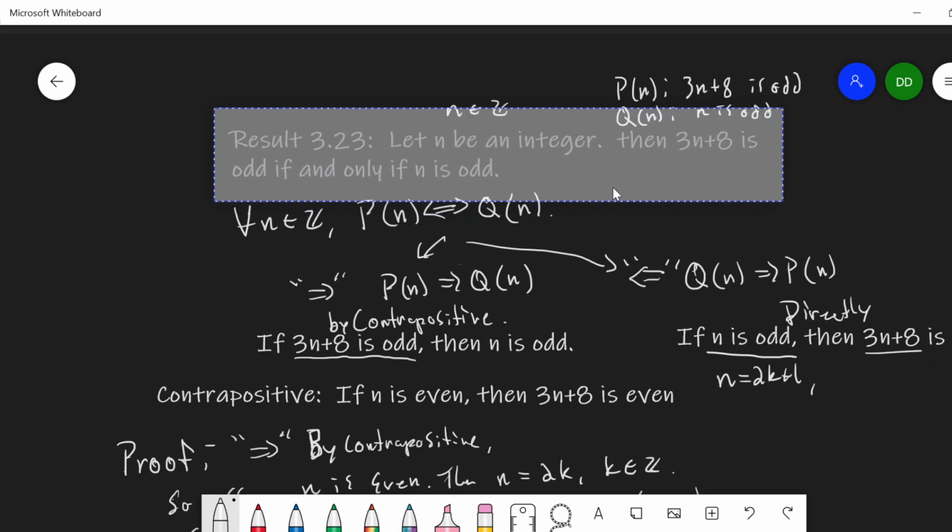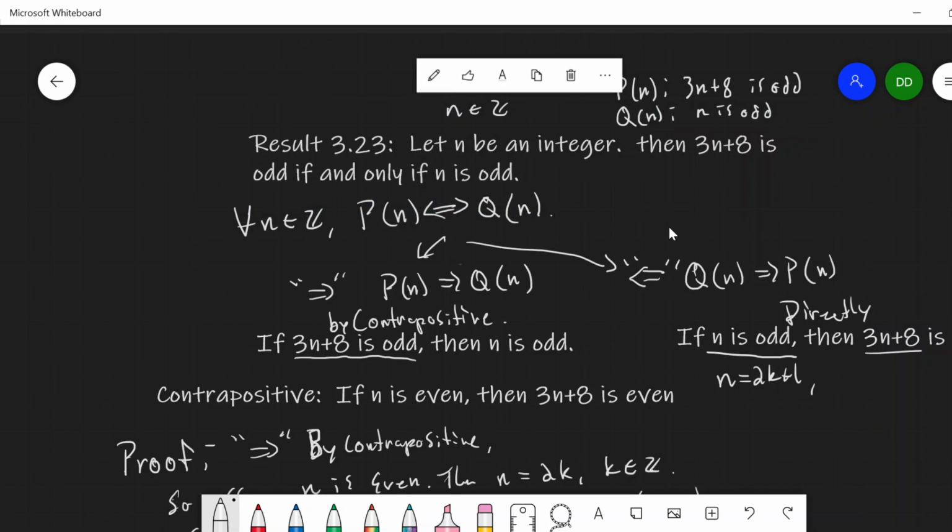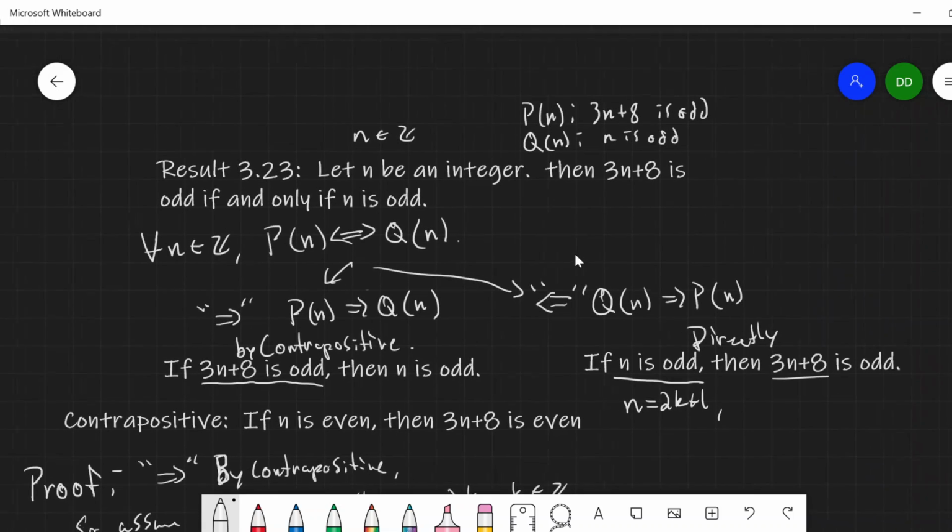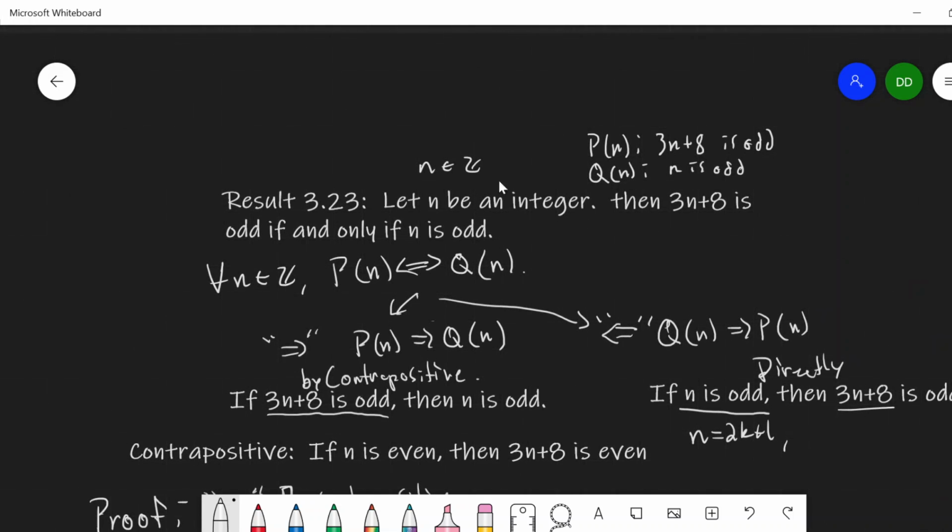Notice this biconditional could have been stated a different way. When you think about the contrapositive of a biconditional, it doesn't really matter which order you write it in. I could have written this as n is odd if and only if 3n plus 8 is odd. I also could have stated this with the contrapositive instead.